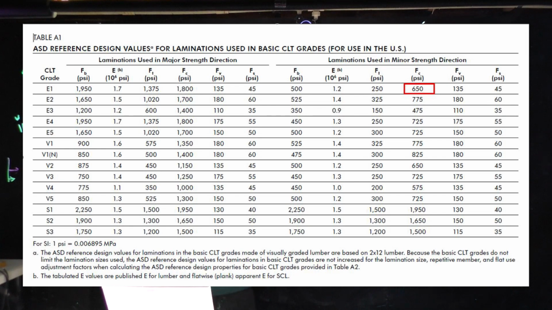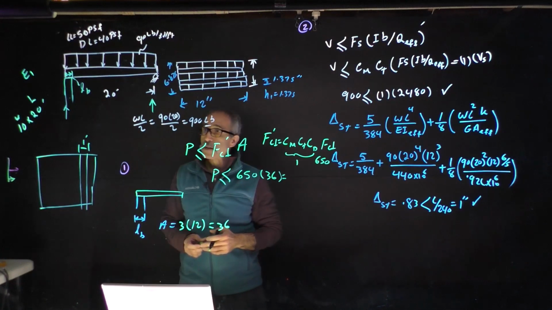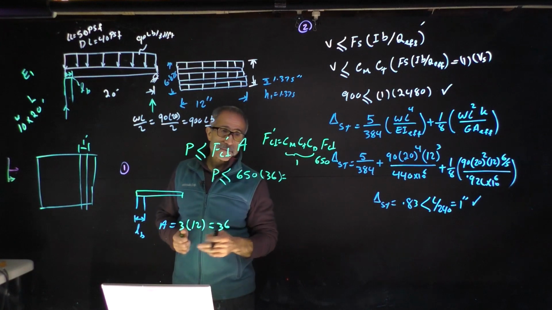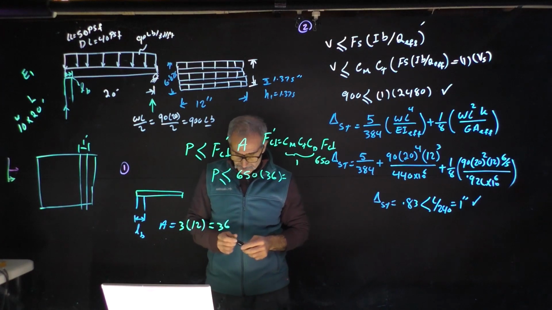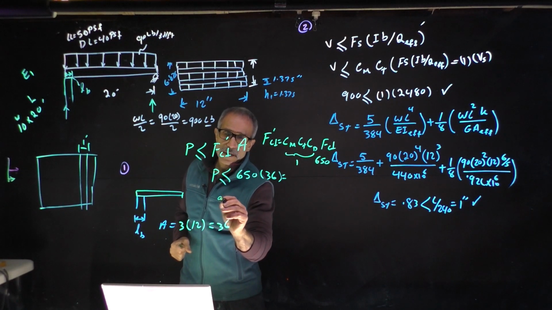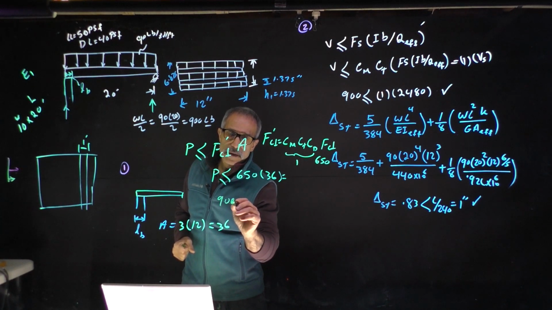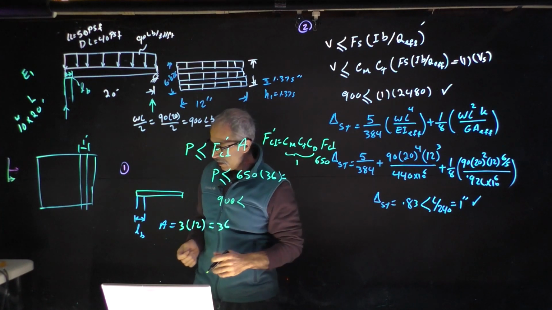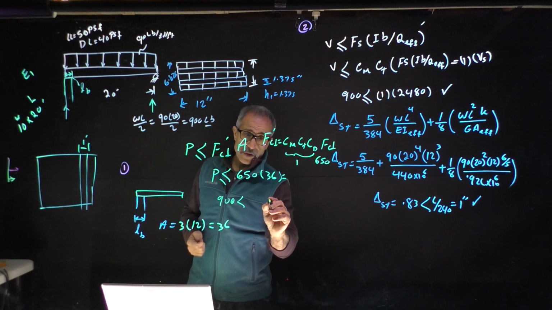Your P is basically the reaction from here, which will be 900 pounds, which is way less than 650 times that large number, so that checks out.